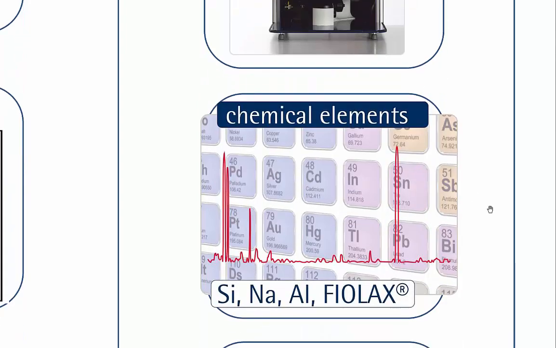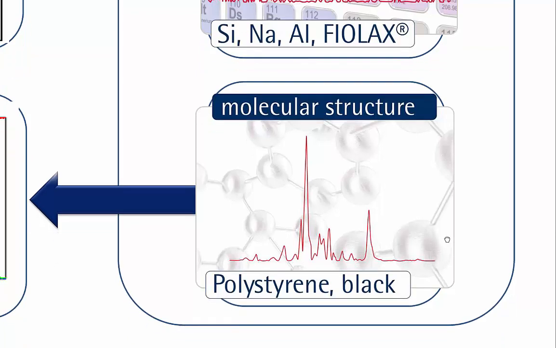With the LIBS, you get the chemical elements, or you use the Raman that takes you maybe 60 seconds for one particle, and then you have a chemical identification with the molecular structure.